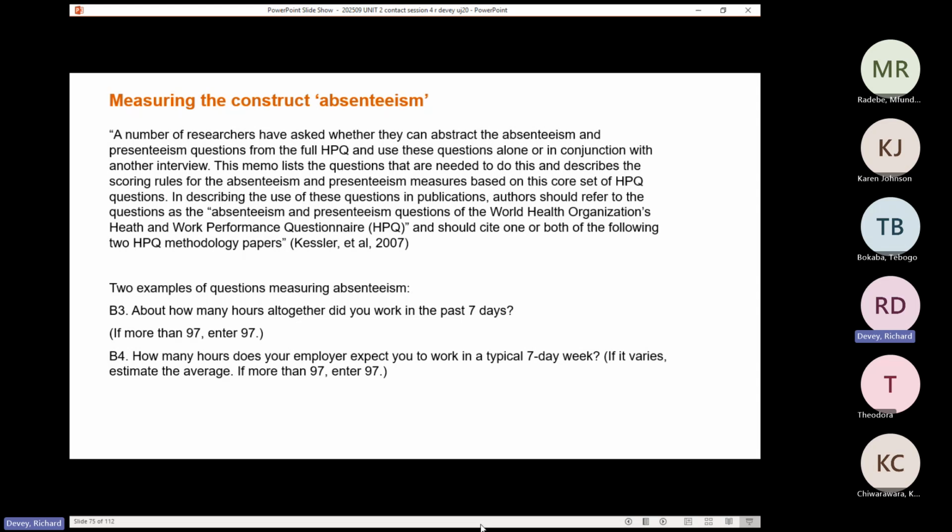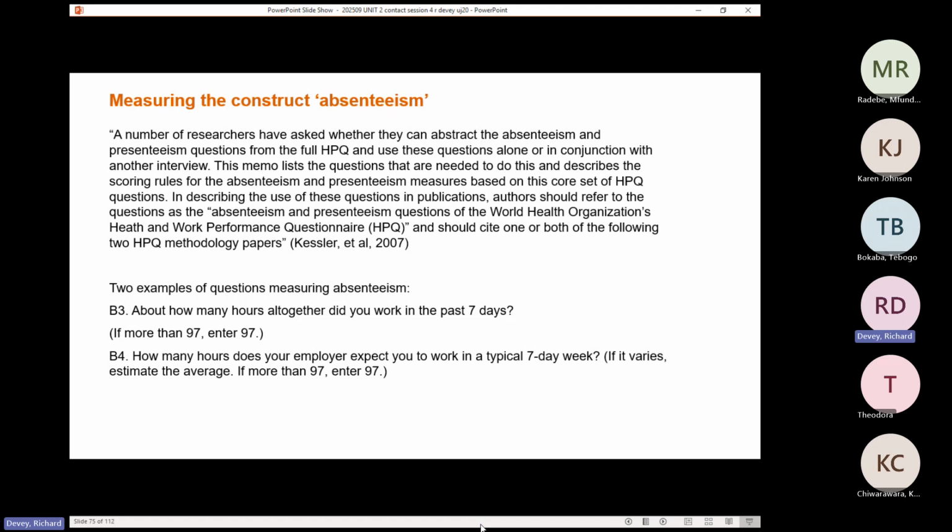And there is an instrument that measures absenteeism, and what they're discussing in this little paragraph is that there's a questionnaire which has a lot of questions, and the question they're asking is, can you take a couple of questions from that full questionnaire and use those to measure absenteeism? So can you do an abbreviated measurement of absenteeism?